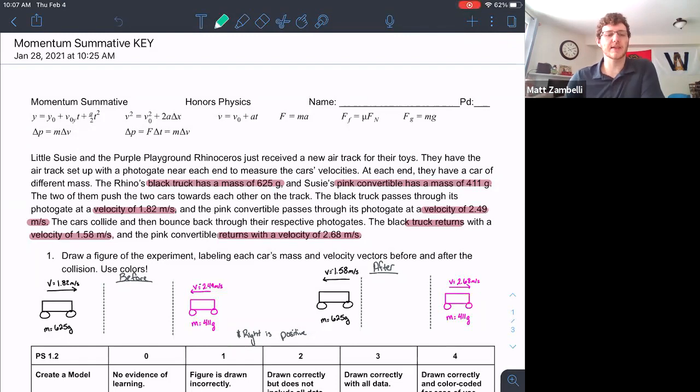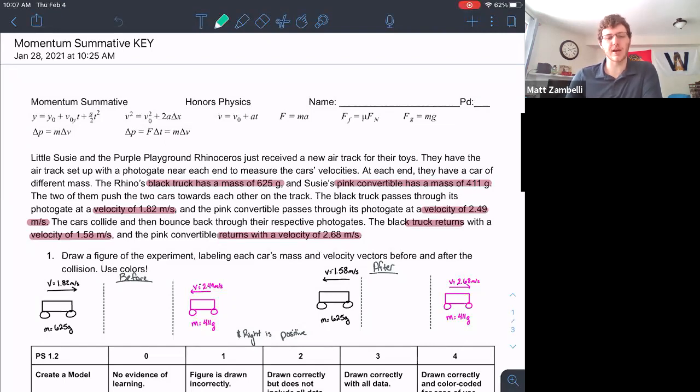So the statement above says that Little Susie and the Purple Playground Rhinoceros just received a new air track for their toys. They have the air track set up with photo gates near each end to measure the cars' velocities. At each end, they have their cars with different masses.